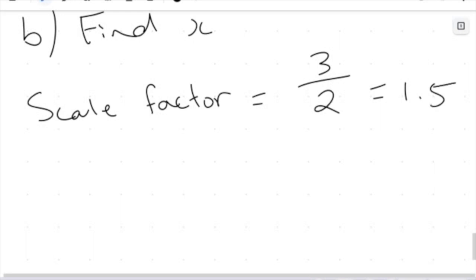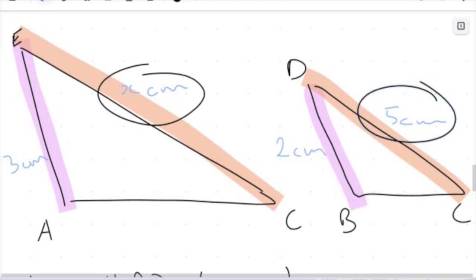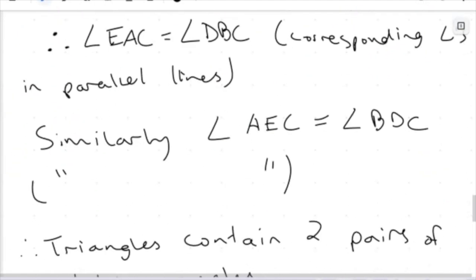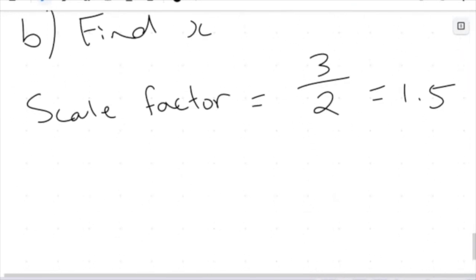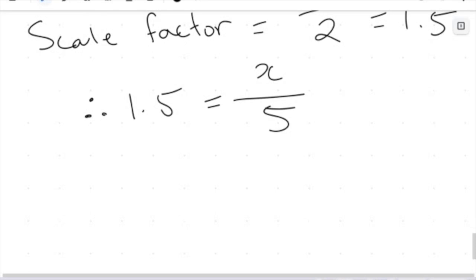And I can use the scale factor now to find the size of x here. So that means that my scale factor is going to be equal to the ratio of x to 5, or the fraction x over 5. So I can say, therefore, my 1.5 equals x over 5. And now it's just a matter of solving the equation.